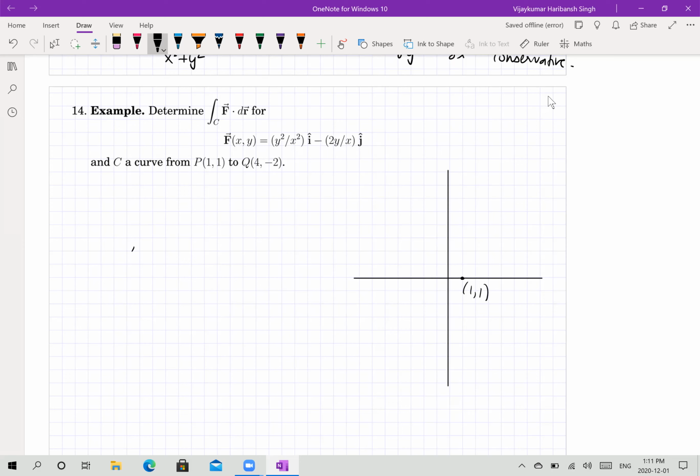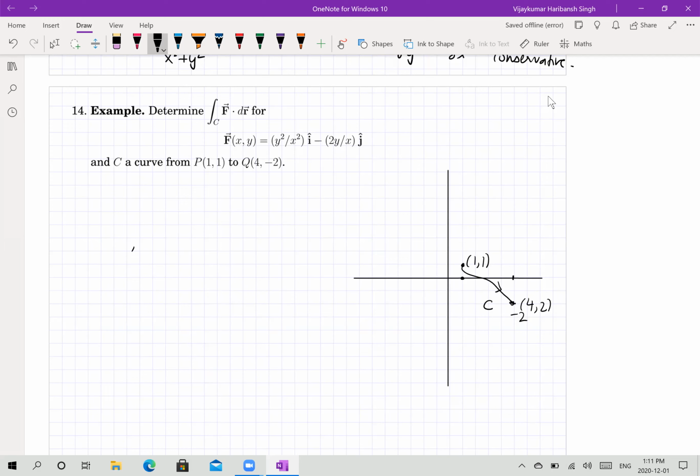So 1, 2, 3, 4, and 4, -2. And (1, 1) is on top here. And we have a curve C. We are not given information about curve C here. That's all right.